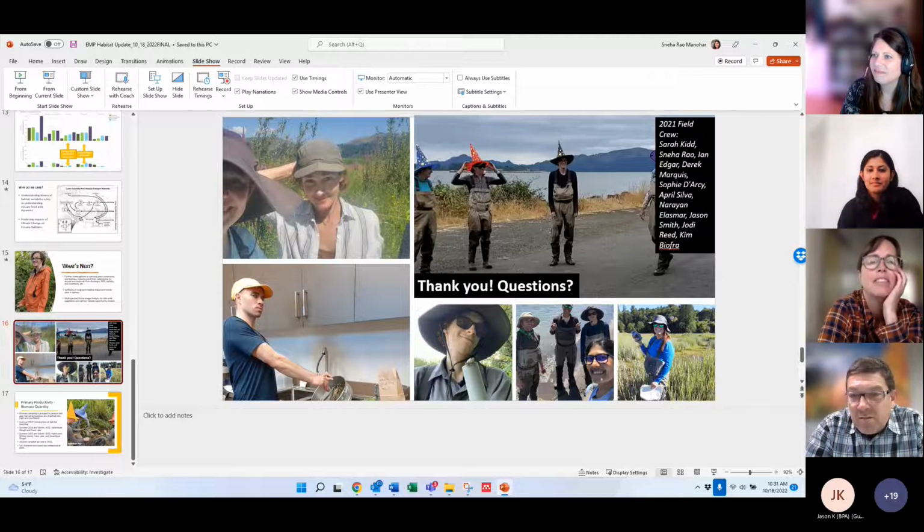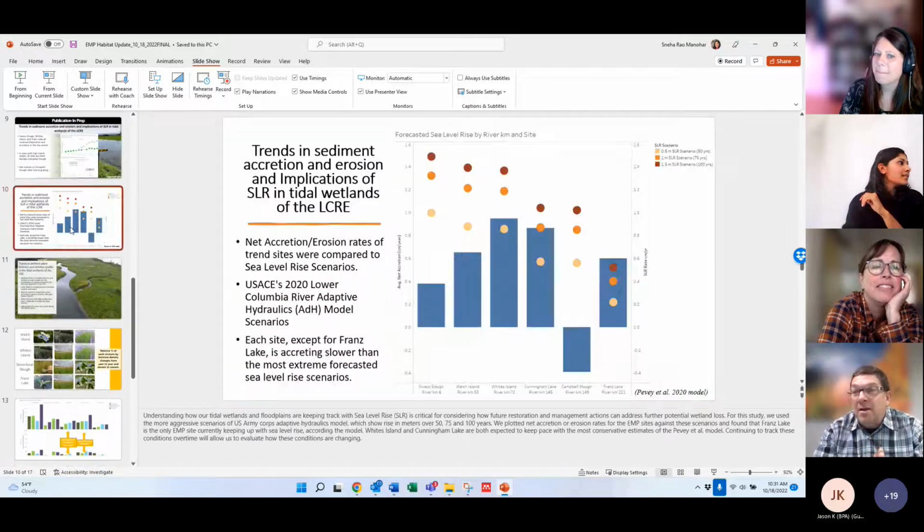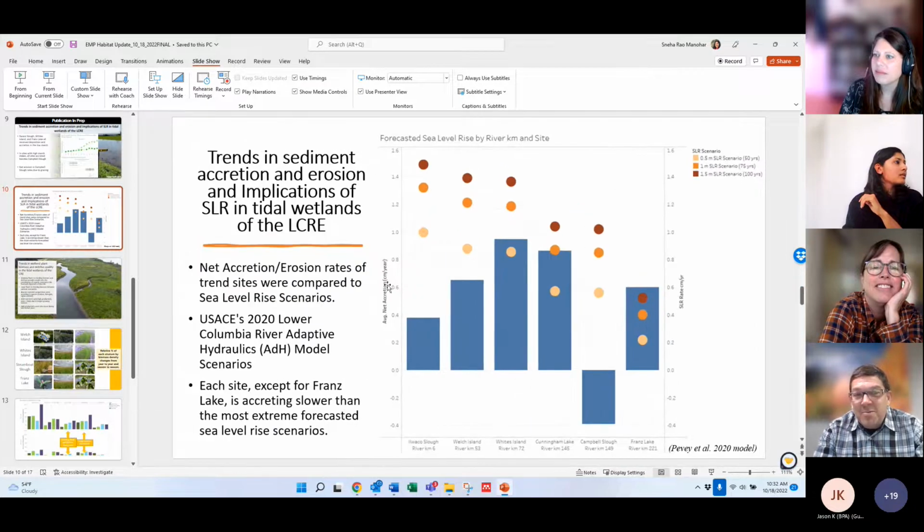I had a question that's very different than Joe's. I noted you were showing sea level sediment accretion and predicted sea level rise. I was wondering if there's been interest in carbon storage.